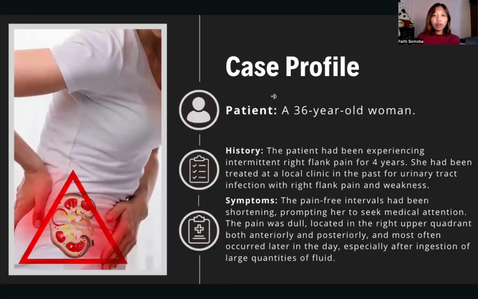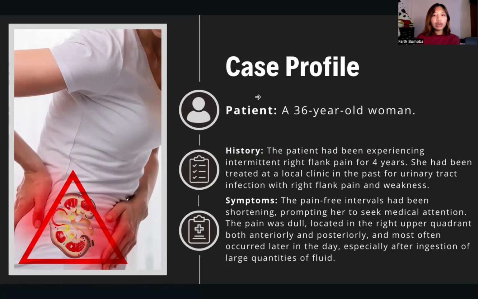Now, let's move on to the case profile. The patient is a 36-year-old woman who was admitted to the hospital with intermittent right flank pain that had persisted for 4 years. The pain-free interval had become shorter, prompting her to seek medical attention.